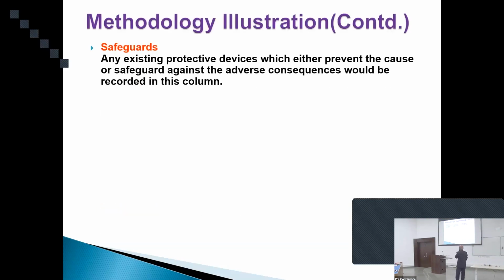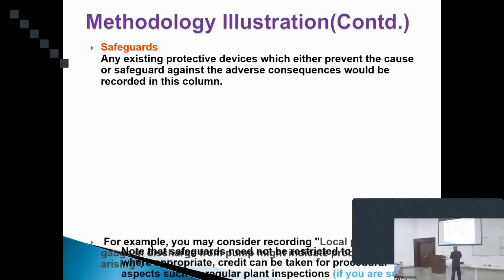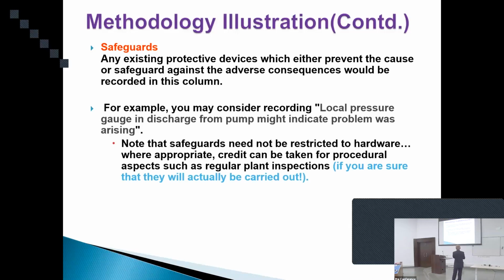The safeguard. Any existing protective device which either prevents the cause or safeguards against the adverse consequence would be recorded in this column. For example, you may consider recording that a local pressure gauge in the discharge from the pump might indicate a problem arising.